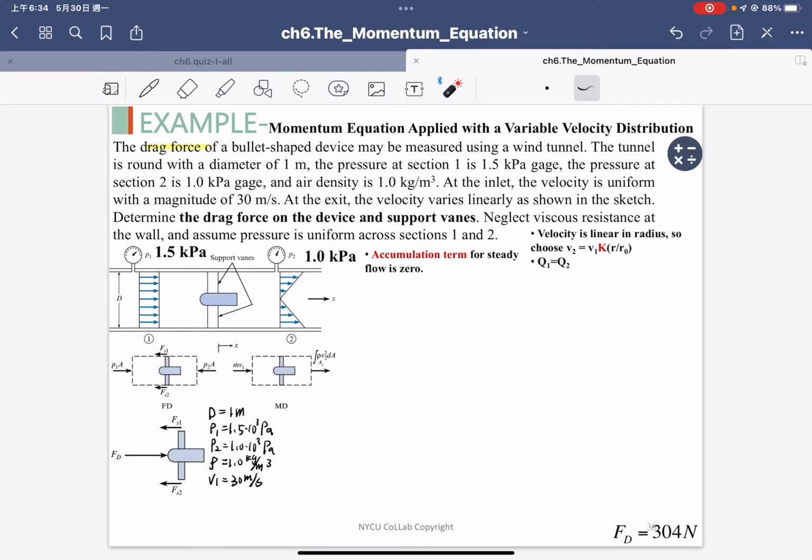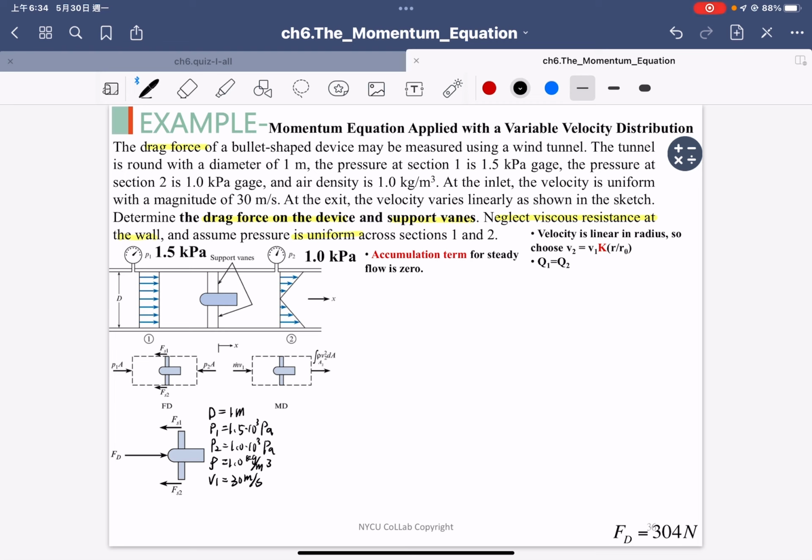Please determine the drag force on the device and the support vanes. In that question, neglect the viscous resistance at the wall, and assume the pressure is uniform across section 1 and section 2.